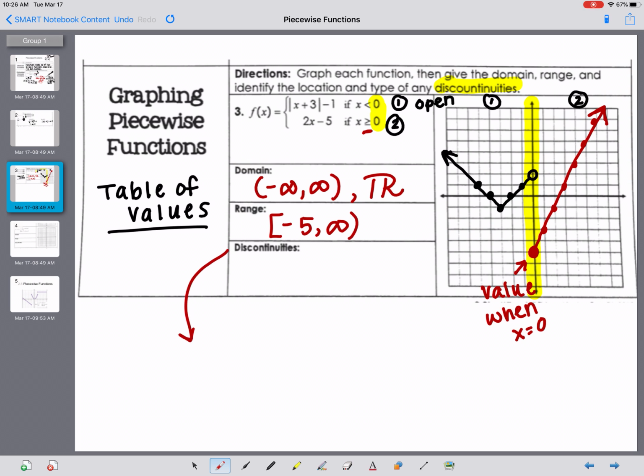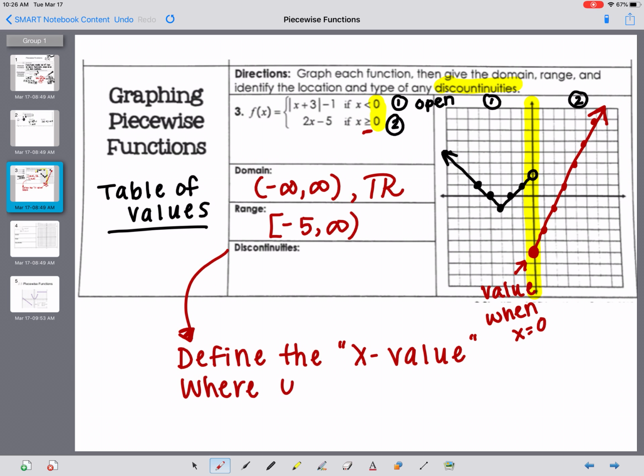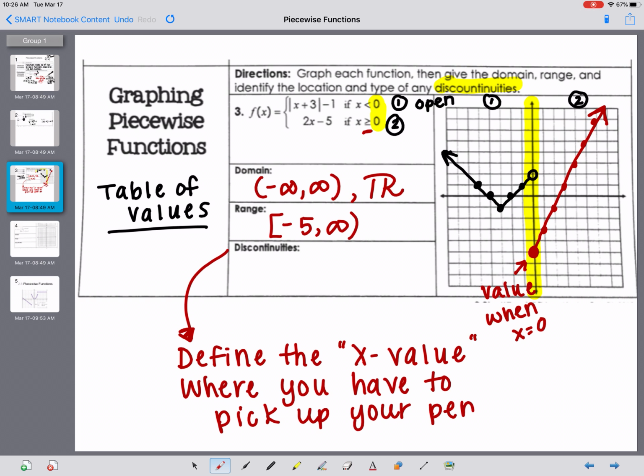So discontinuity, I'm going to define the x value where you have to pick up your pencil when tracing the graph.